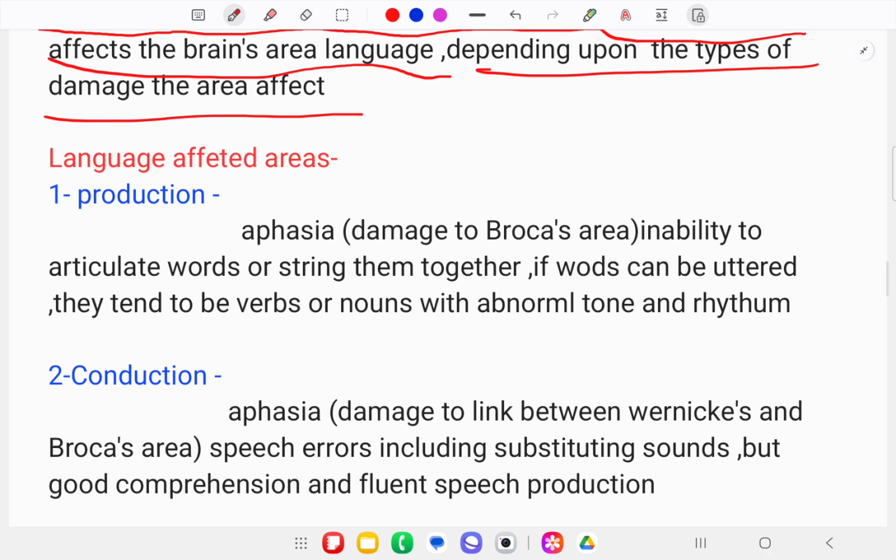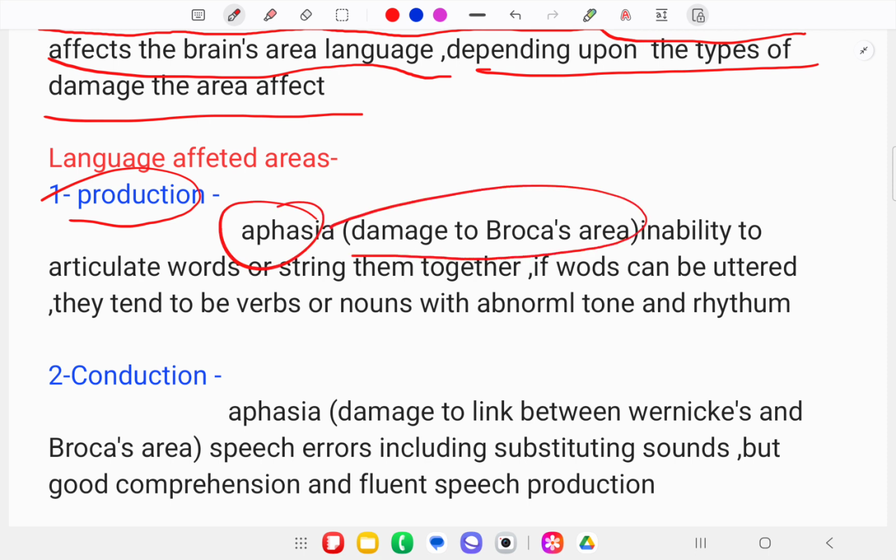What are the language areas that are affected? The first principle is known as production. In Broca's aphasia, there is damage to Broca's area in the frontal lobe, causing inability to articulate words or string them together.